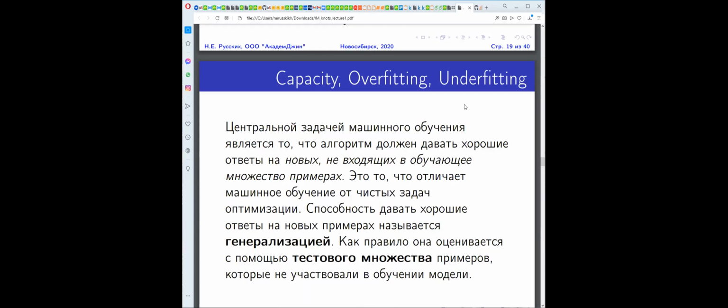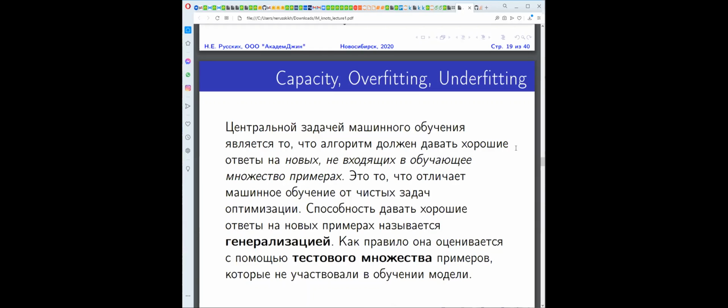An ability to give good answers which are close to the real ones is called generalization, and usually it's estimated by the test set.